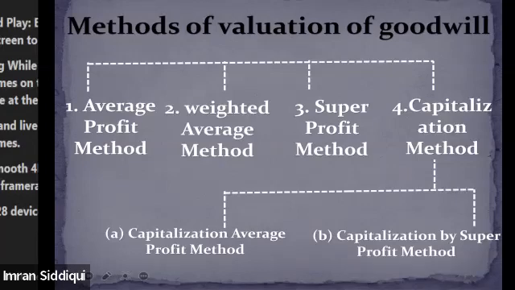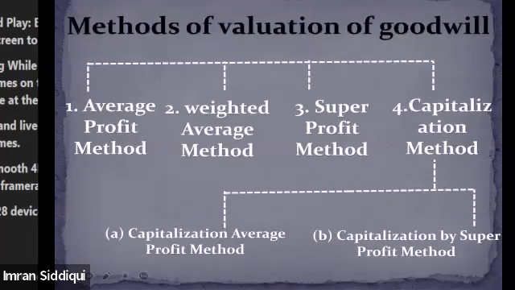I just wanted to know whether you are able to recall the formula for the average profit method. Prerna, will you be able to tell me the formula for valuation of goodwill by the average profit method? Average profit into number of years purchase. Yes, average profit into number of years purchase. Same thing with the weighted average profit as well: weighted average profit into number of years purchase.